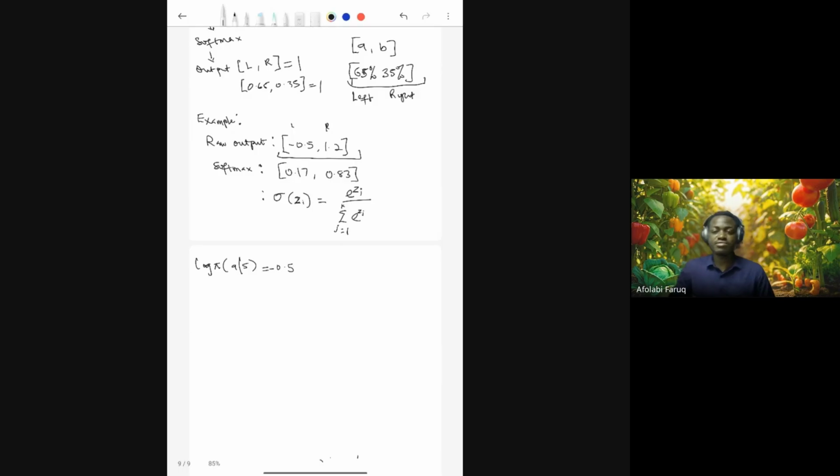Minus 0.5, right? And the return G equals, let's say, 200.